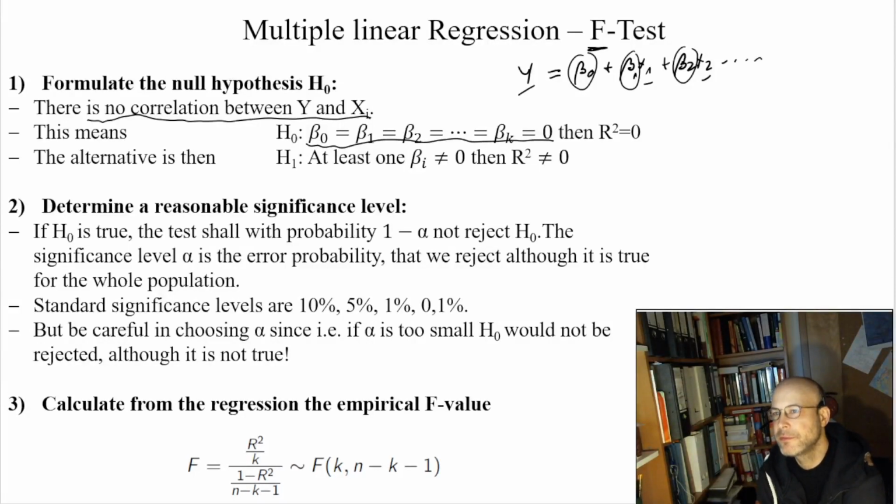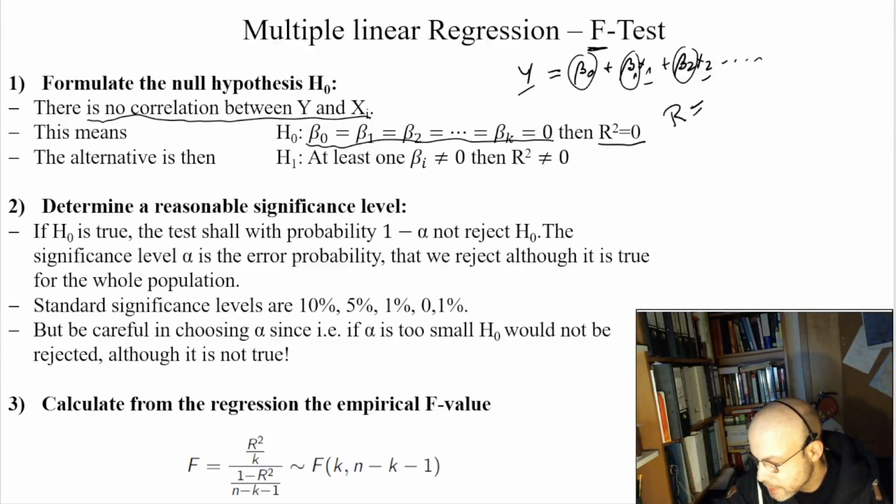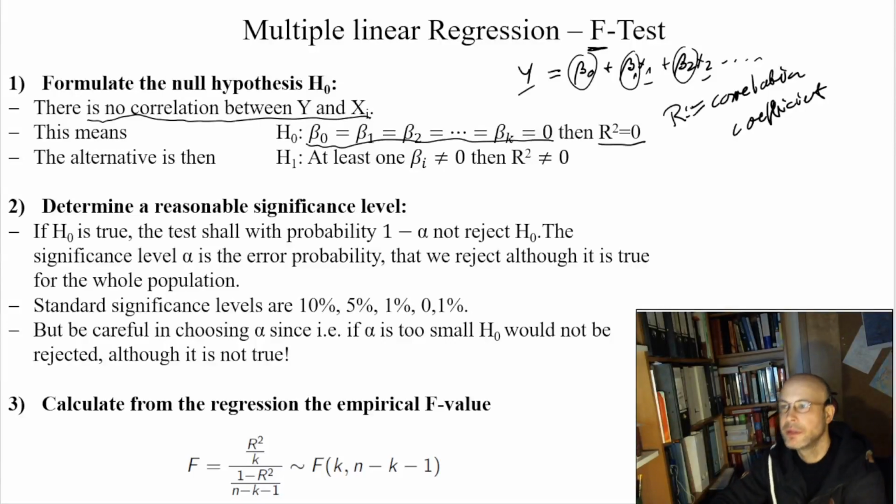And if we assume that every single beta value is 0, then of course the coefficient of determination also has to be 0. This is not very surprising, because R is the correlation coefficient, and if R is 0, then there is no correlation.